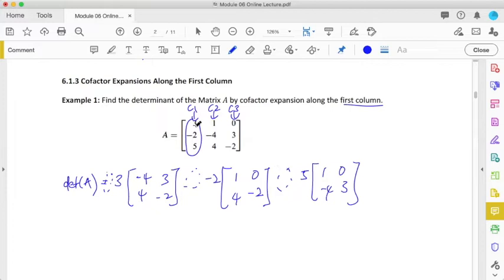Okay, so at coefficient 3, you have position 1, 1, so this one will give you positive. At coefficient negative 2, you have position 1, 2, so it gives you negative. And at coefficient 5, you have position 1, 3, so it gives you positive.